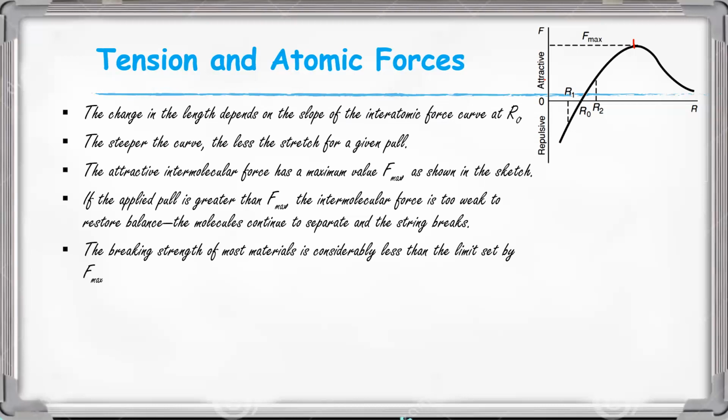But in the case of the more rigid ones, for example, carbon nanotubes, there are no defects or voids or dislocations, etc. So in that case, the breaking strength is almost equal to F max.